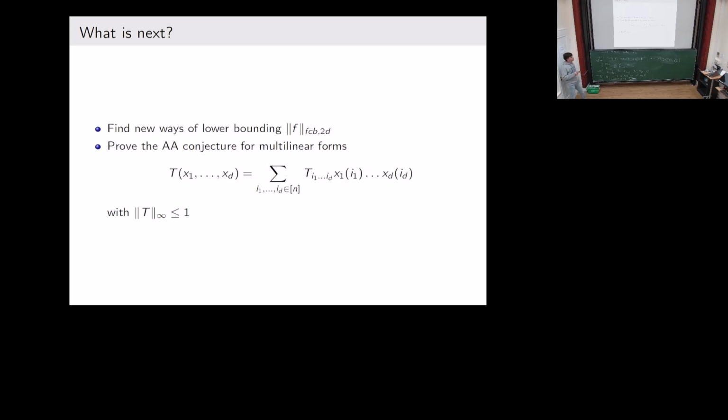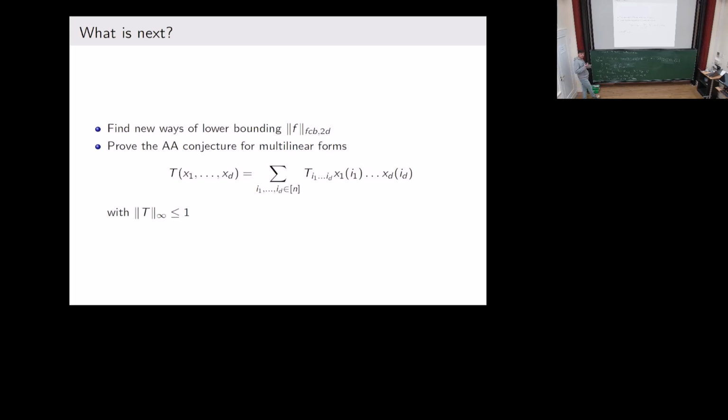So here, if instead of putting minus ones and ones, you put matrices that are bounded, then we know that the Aaronson-Ambainis conjecture holds. That is essentially what the work of Van Salzin and the work proved. Okay, but we don't know what happens if the infinity norm is the only guarantee that we have.